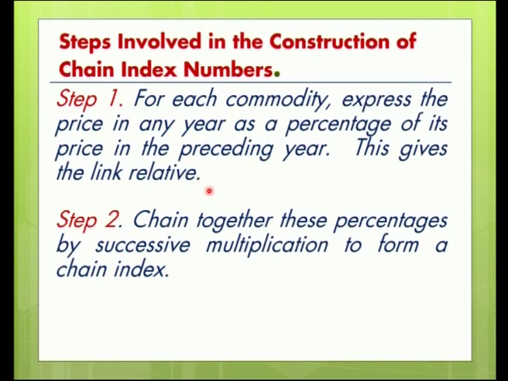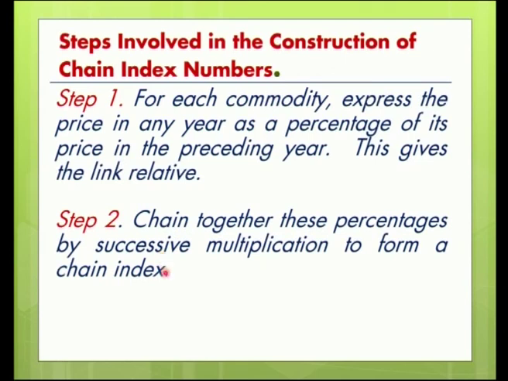In the computation of seasonal indexes by the link relative method, we computed link relatives, that is the current value divided by the preceding value into 100. Likewise, link relatives are calculated, and these percentages are chained together by successive multiplication to form a chain index.